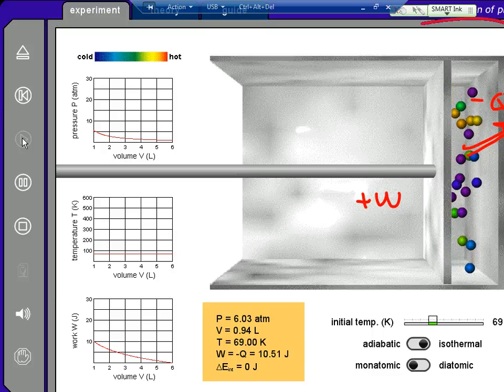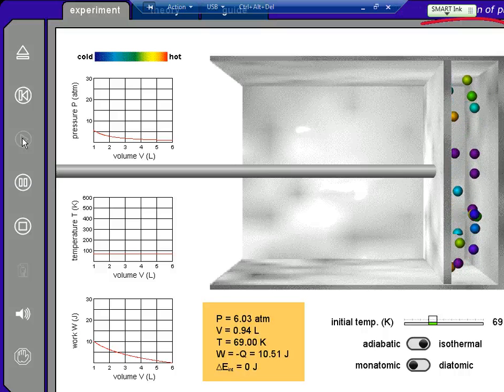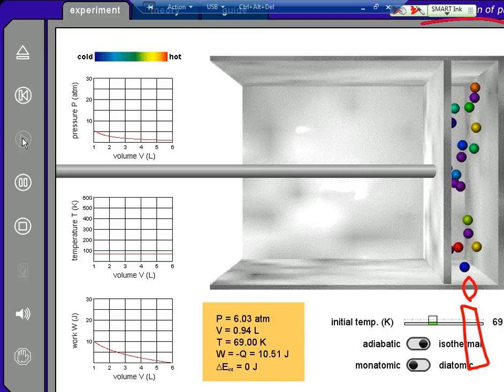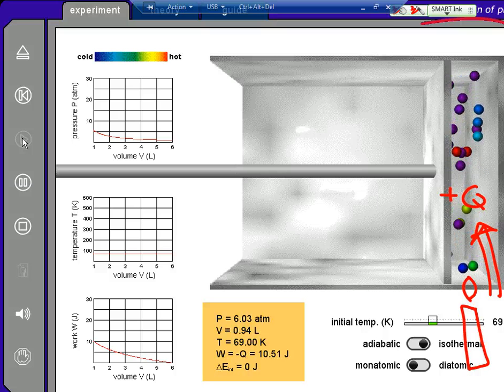Or vice versa, if I were to put this situation into reverse, unfortunately this demonstration does not do that, but if I were to put a candle underneath the situation, and I would be adding in heat. Now in this case, if under an isothermal situation, I'm adding in heat and the temperature is still not changing, where does that energy go?